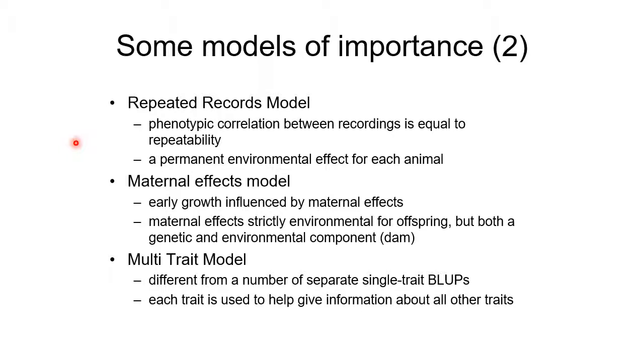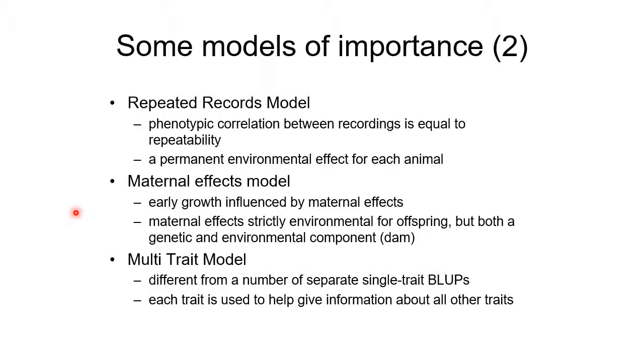You then need to include the phenotypic correlation between recordings, and that makes out the repeatability in the model. So there's an additional random effect called the repeatability, which we also see as a permanent environmental effect of each animal. So the animal itself becomes a random environmental effect from year to year or recording to recording. That was then also an extension of our basic model.